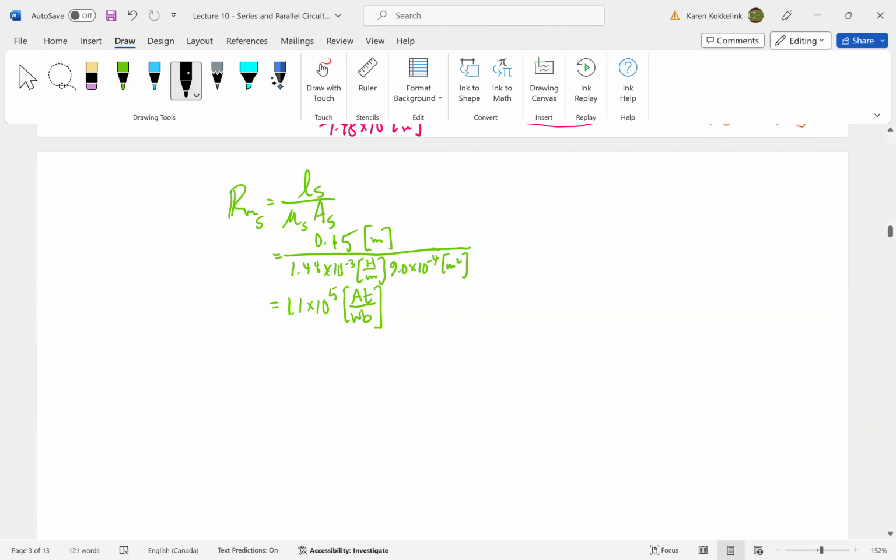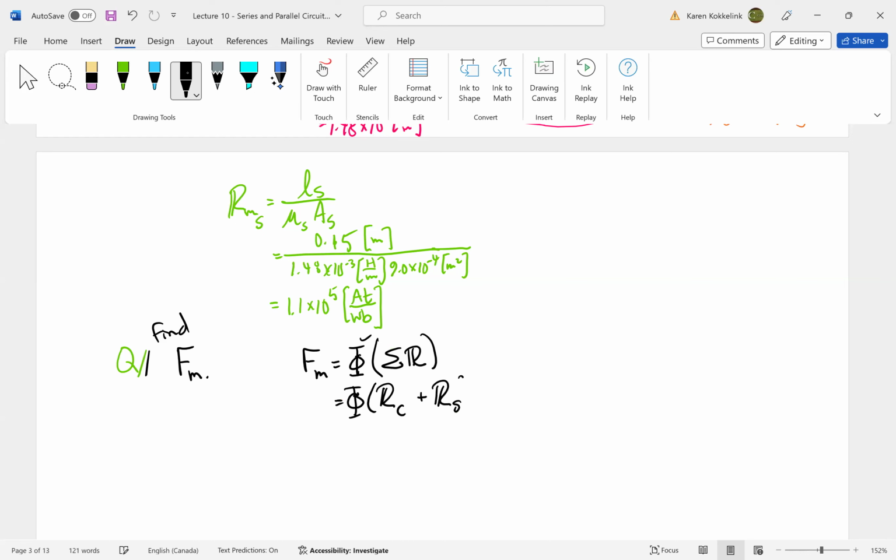The original question asked, find FM. Well, we said that FM equals magnetic flux, which was given, times the sum of the reluctances. That is magnetic flux times the reluctance of the cast section plus the reluctance of the laminated sheet section. I'm writing big because we're near the end.